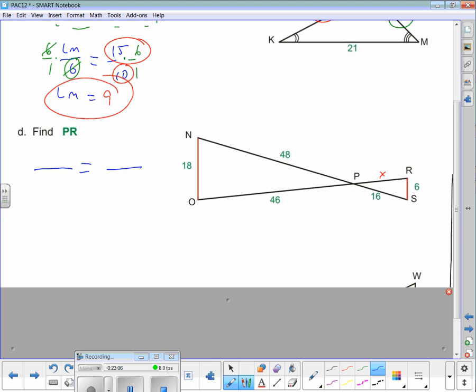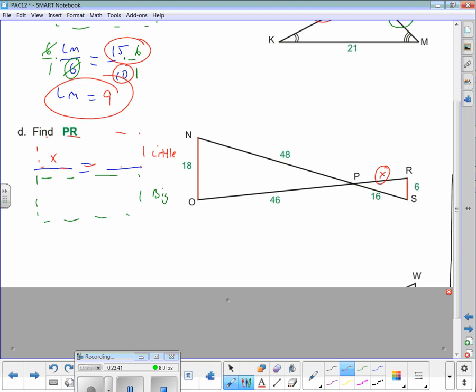Okay. What do we put in the top left? What we're looking for. Okay, in this situation, the top is going to be the little triangle, right? Therefore, the bottom has to be the big. Now, you have to determine this side on this one goes with which side of the bigger one.